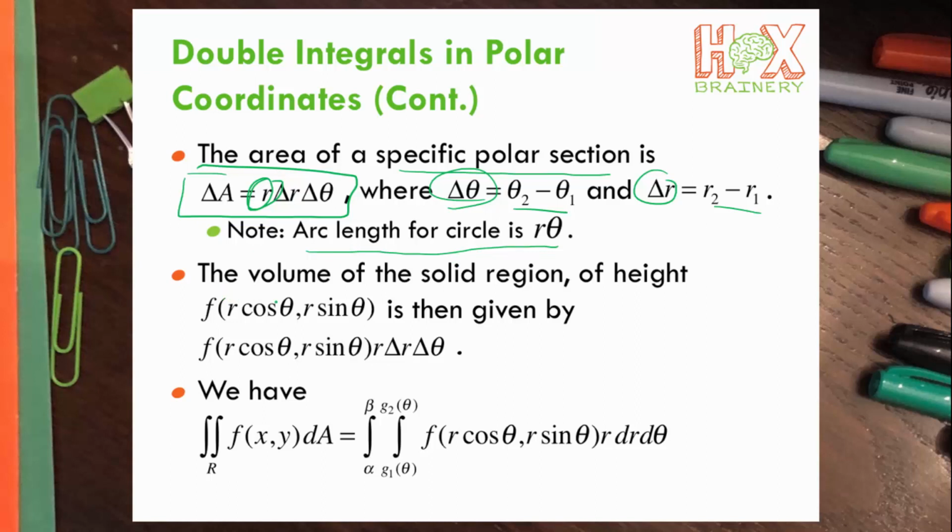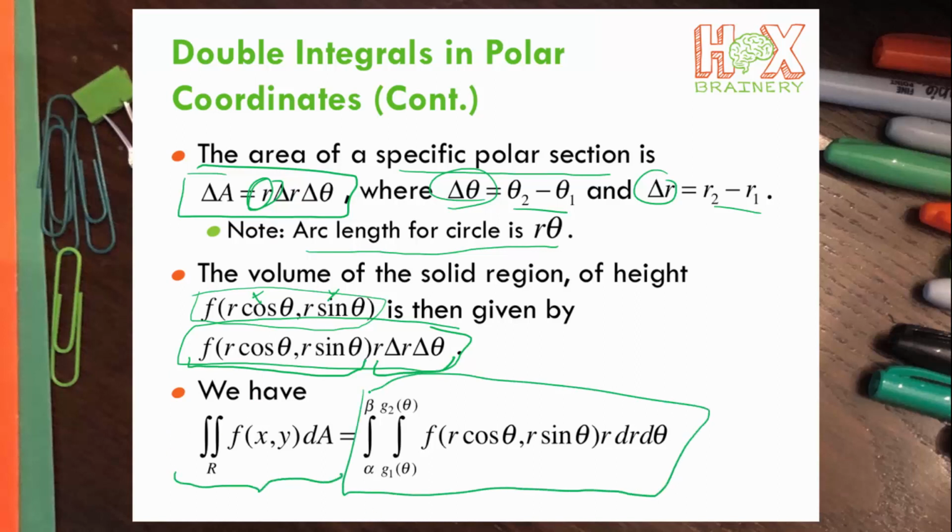Now the volume of a solid region of height given by f of x, y, except in polar coordinates that would be f of r cosine theta, r sine theta, is given by this here. So this is the volume. Basically it's the height times the area of the polar sector. So this double integral can be rewritten this way.